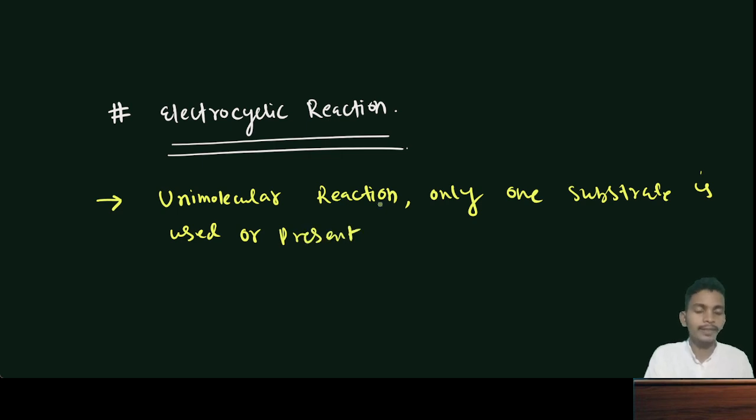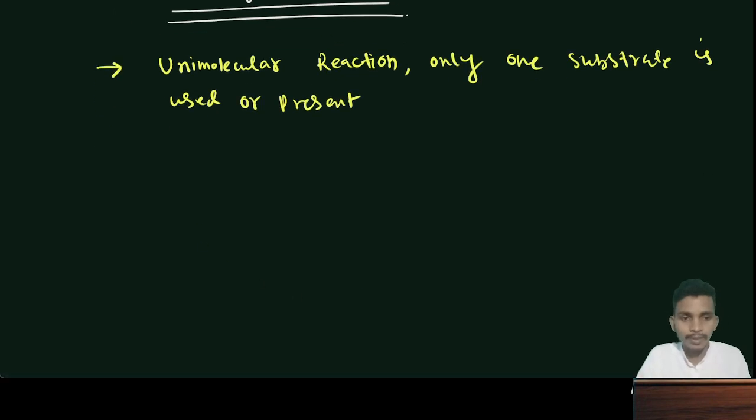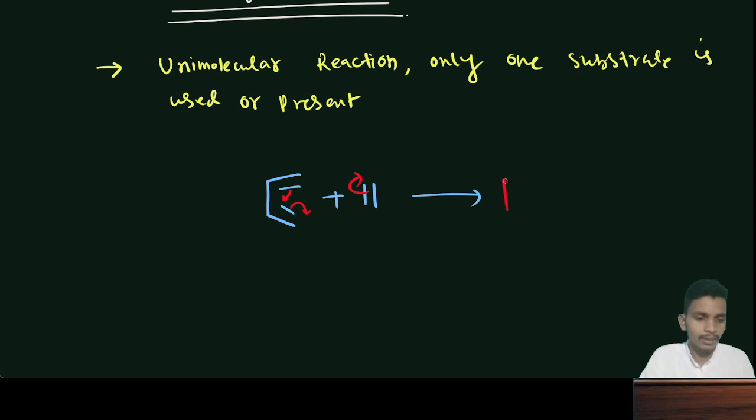Unlike the example in the previous class, where two substrates were present. Like this we have, and we have this, and this is going to shift here, and this here, and this here, and we see that this has four.